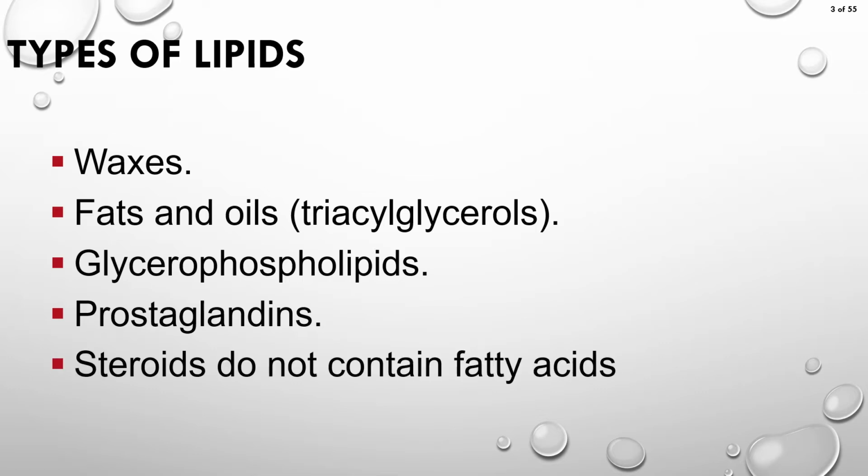Okay, then we have the steroids or the sterols. They are the least common type of lipids. They are found in tissues of animals. Cholesterol is perhaps the best-known sterol. Though cholesterol has a notorious reputation, the body gets only a small amount of its cholesterol through food because we also produce cholesterol.